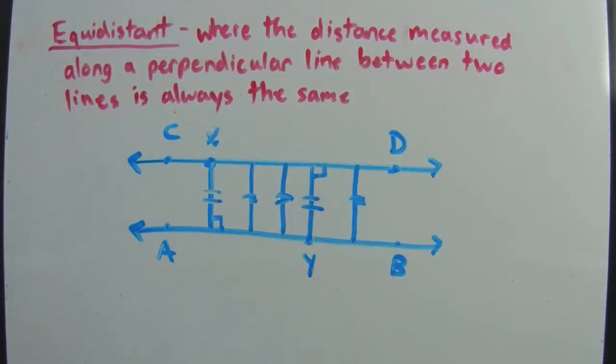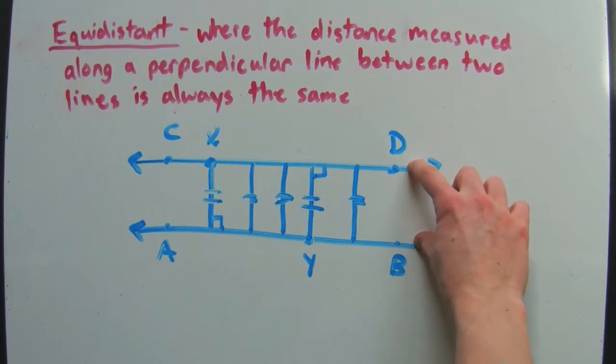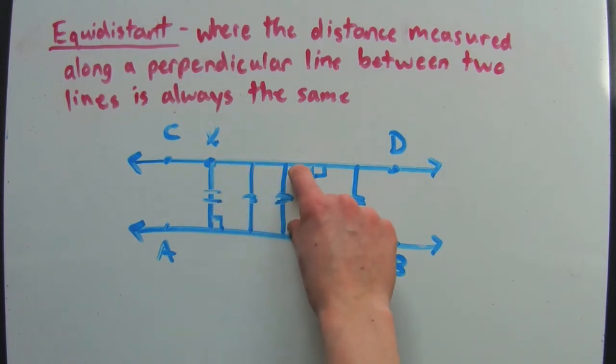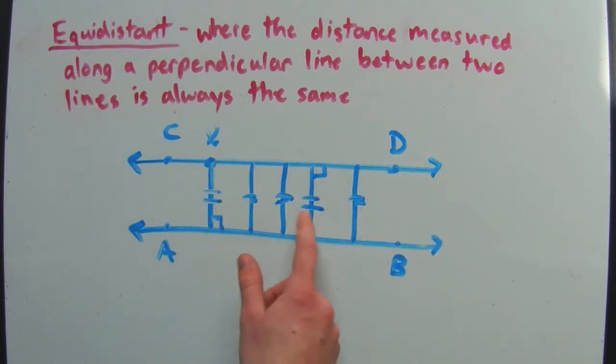Being equidistant is where the distance measured along a perpendicular line between two lines is always the same, and this occurs between parallel lines. So if that distance is always the same, then those perpendicular segments are congruent.